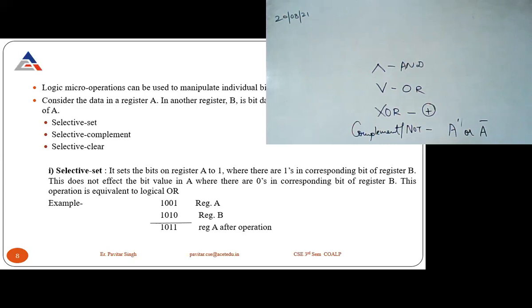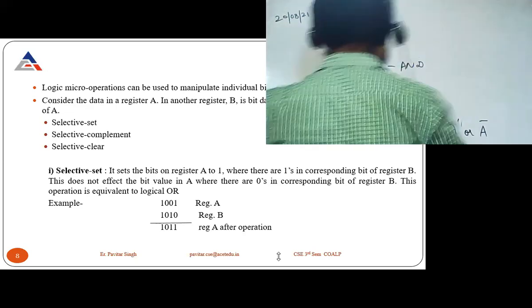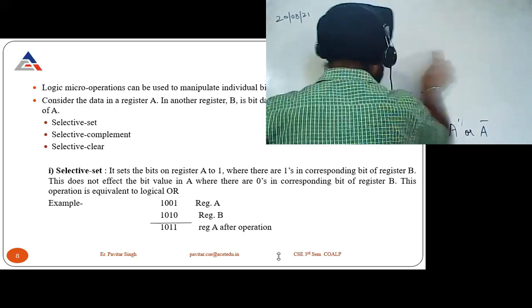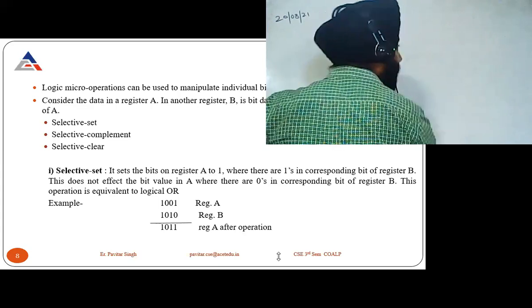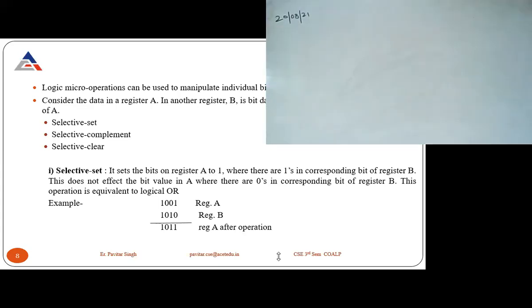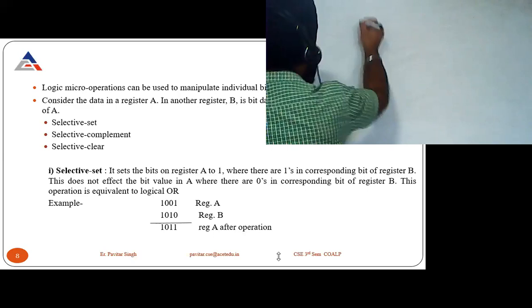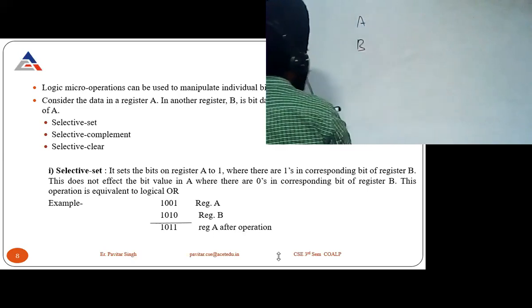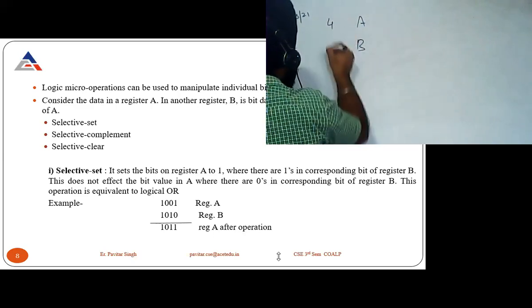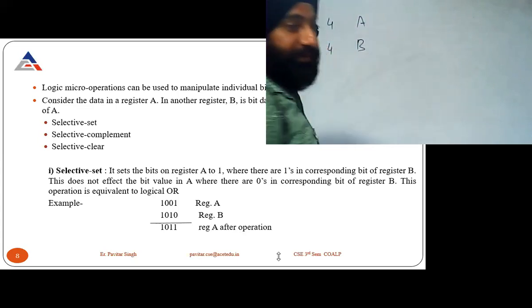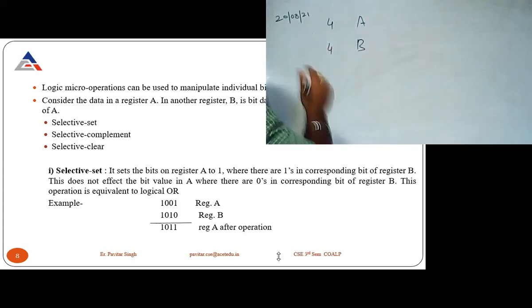The first operation is the AND operation. How will the values of two registers change? For example, we have an A register and a B register, and both registers are 4 bits each. For AND, we have this sign.